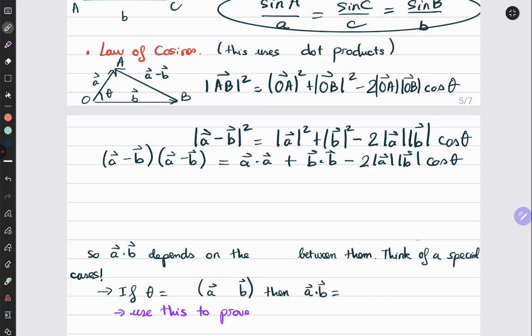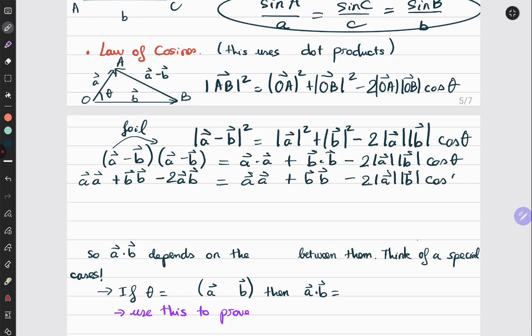Foil. AA plus BB minus 2AB equals AA plus BB minus 2 length of A, length of B, cosine theta. I'm going to make the algebra quick.